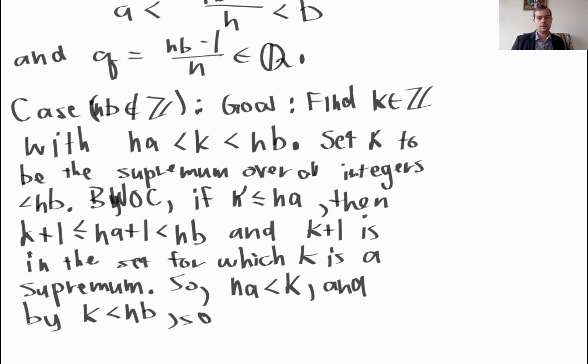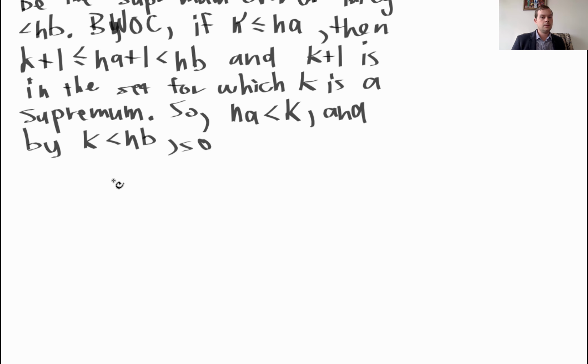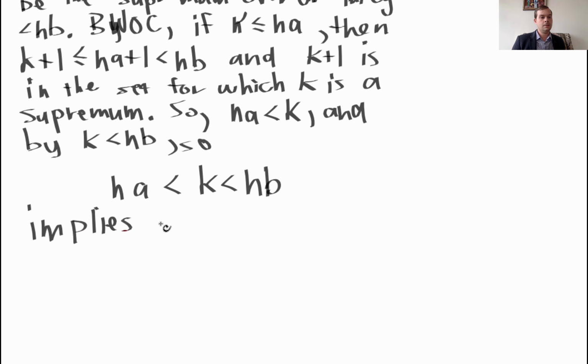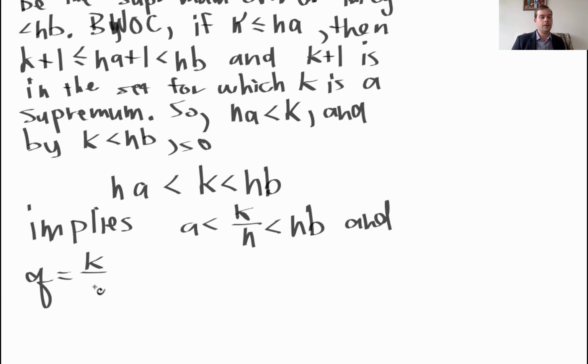So na less than k less than nb implies, again by the multiplicative property applied twice, a is less than k over n is less than b, and q equal to k over n is a rational number, completes the result.